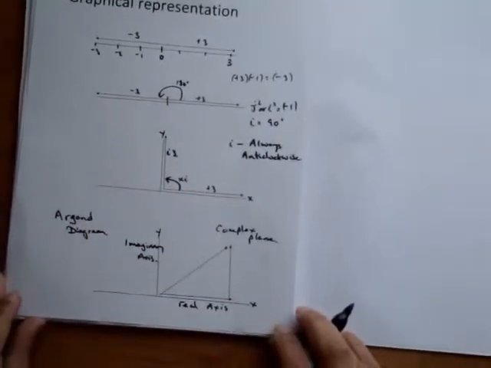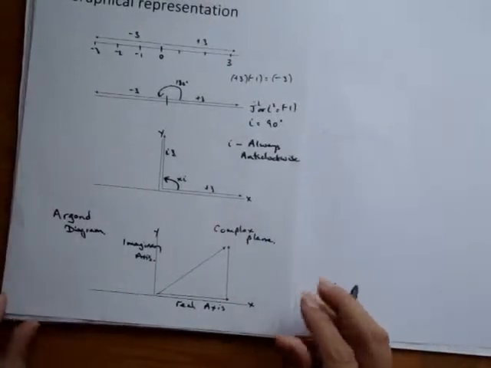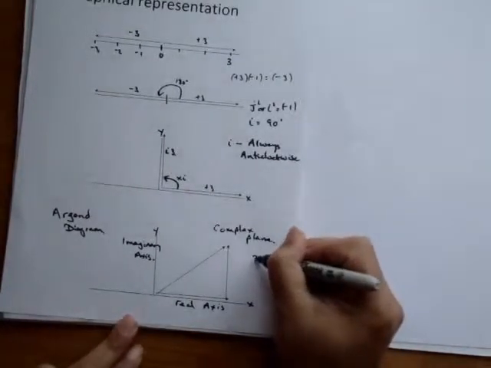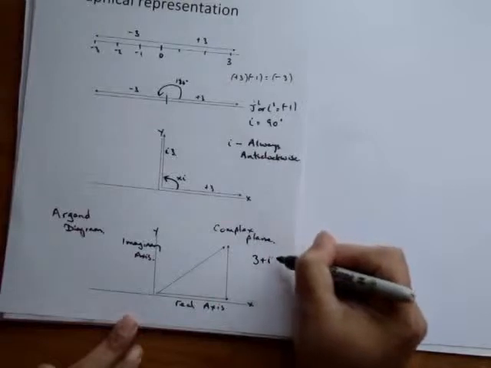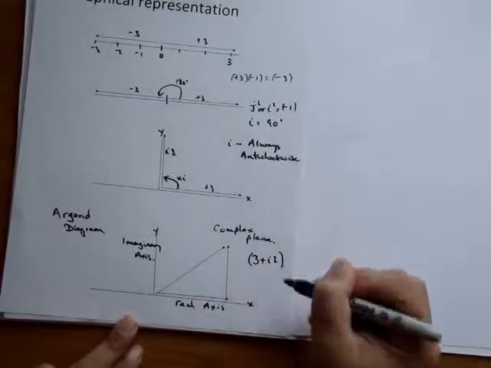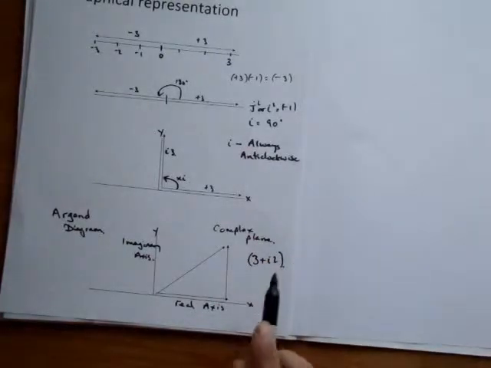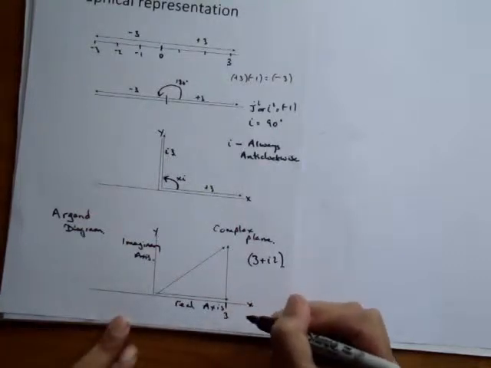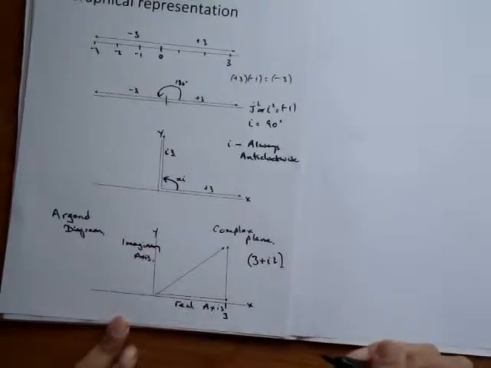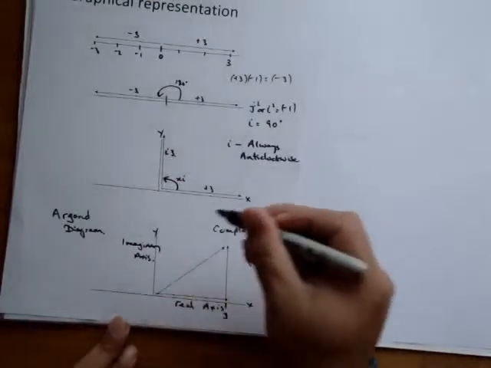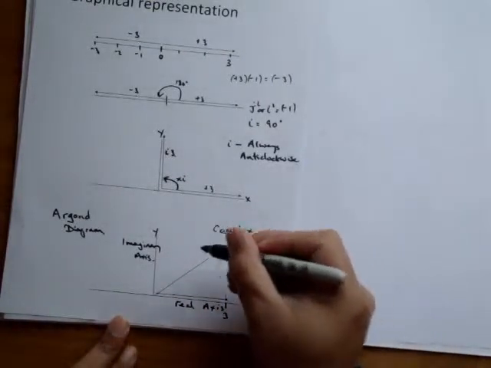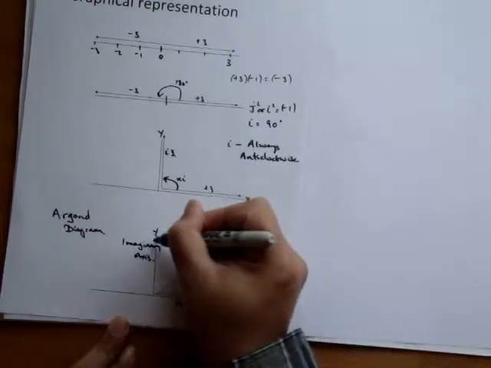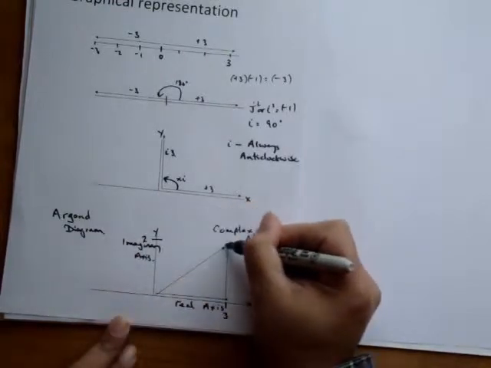So let's have a look at plotting 3 plus i2. So for this we go along the real axis by 3, and we go up the imaginary axis by 2. So our point would be here.